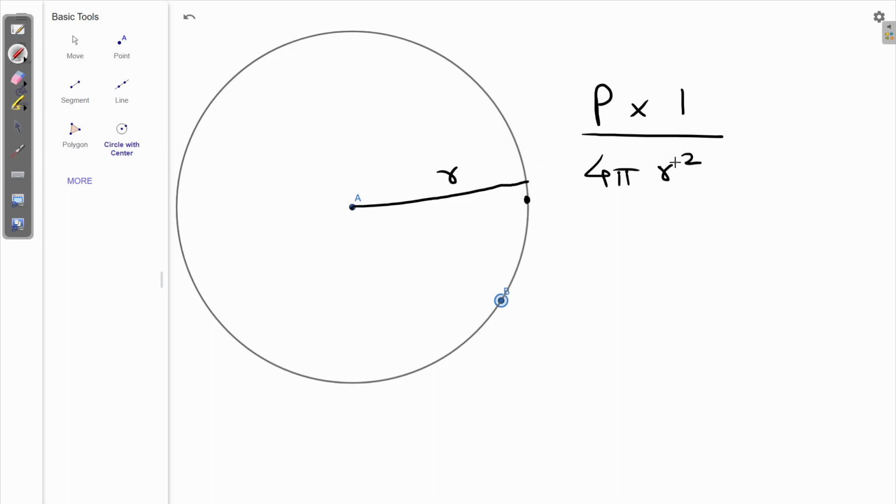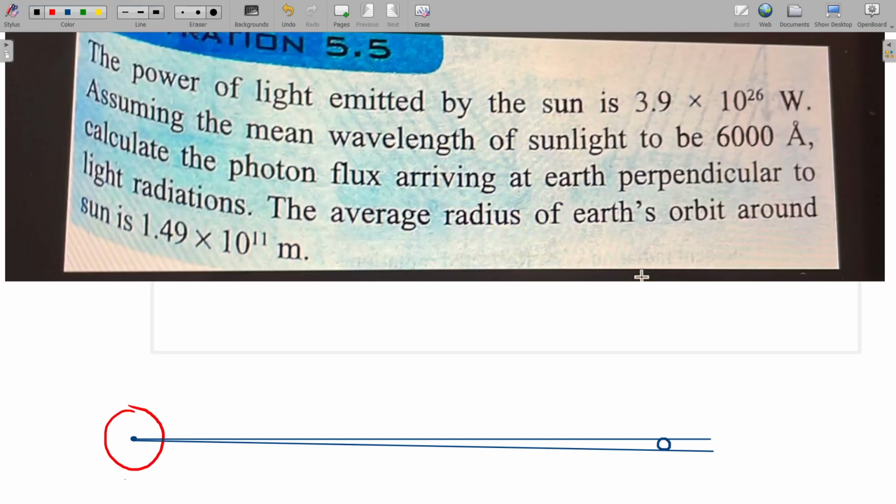This is the energy falling on 1 meter square area on the surface of the earth per unit time, P by 4 pi r square. So this is what we require. I'll call it I, the intensity on the surface of earth, which is P by 4 pi r square.